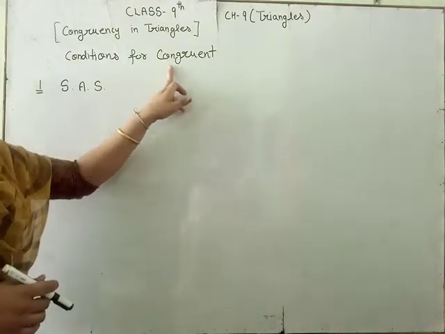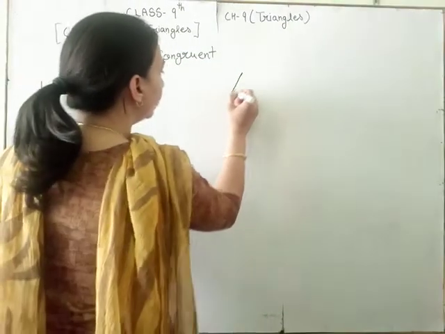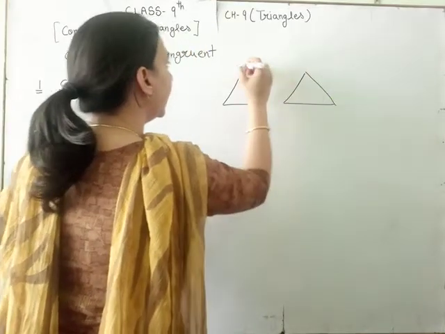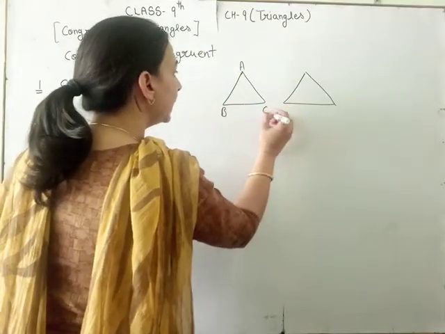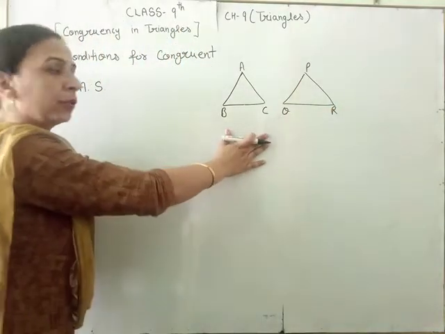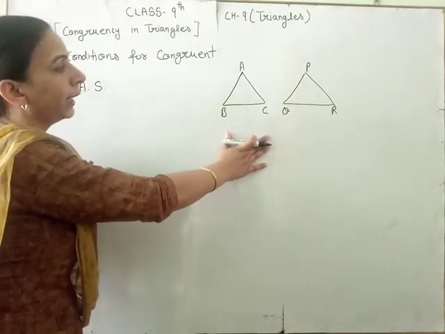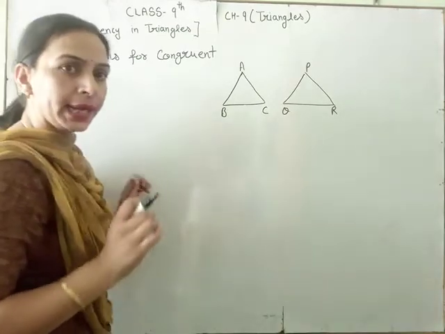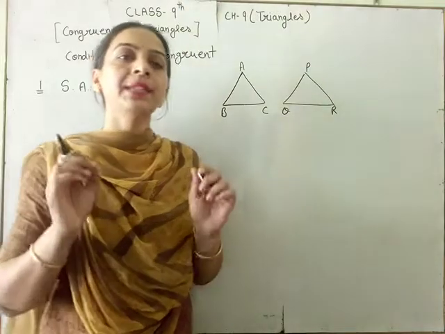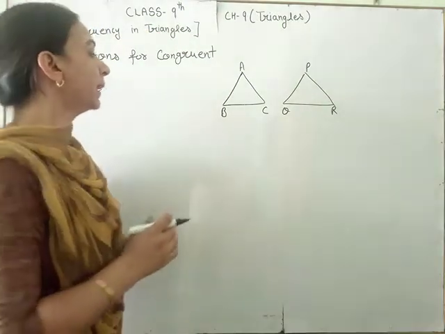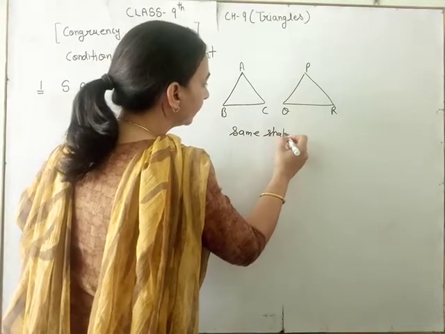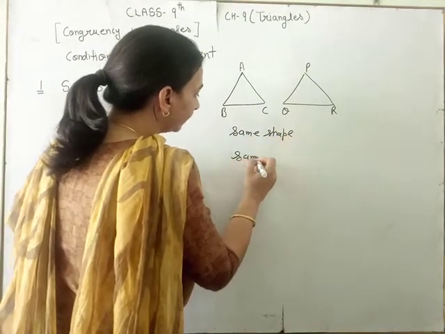In congruent triangles, let us take two triangles ABC and PQR. We say these two triangles are congruent if they have the same shape and the same size.